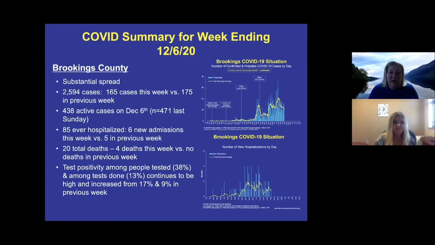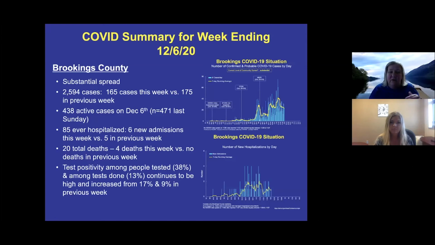Well, it's kind of the good and the bad and some ugly. We still are in substantial spread for Brookings, but things are looking a little better here. I just don't feel real confident for both the state and the county to say that we're definitely doing better, because we still have a high number of susceptible people in our county and in our state.